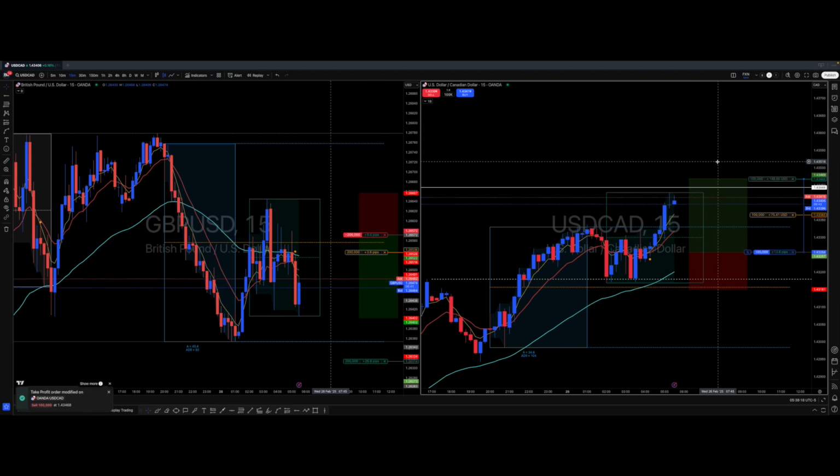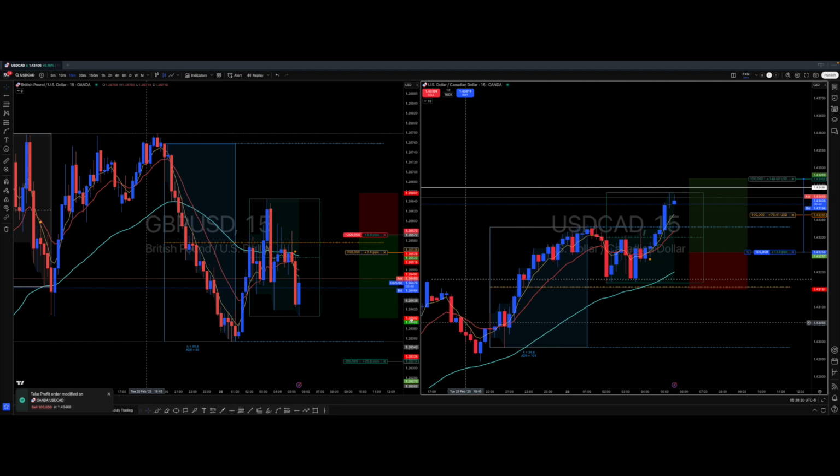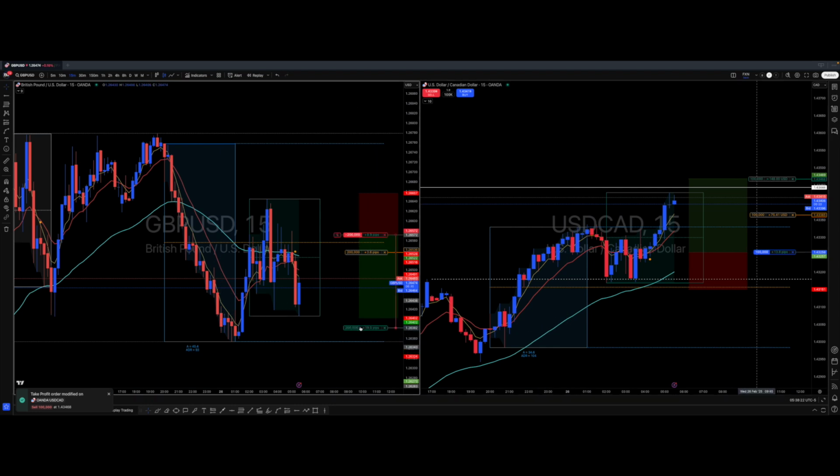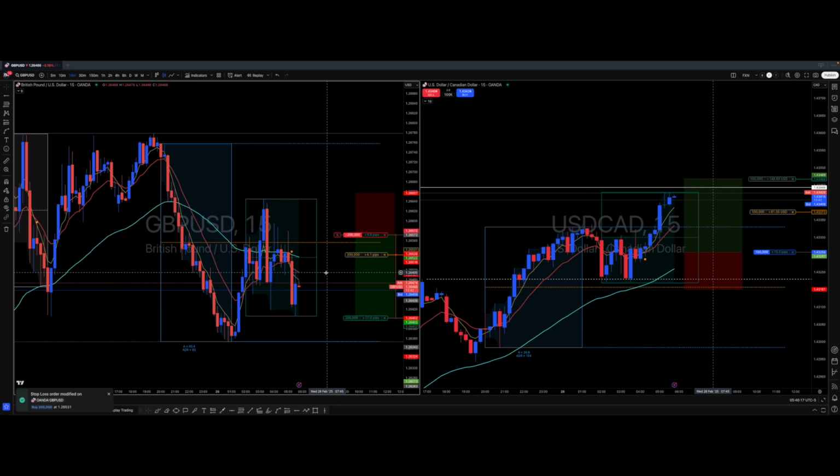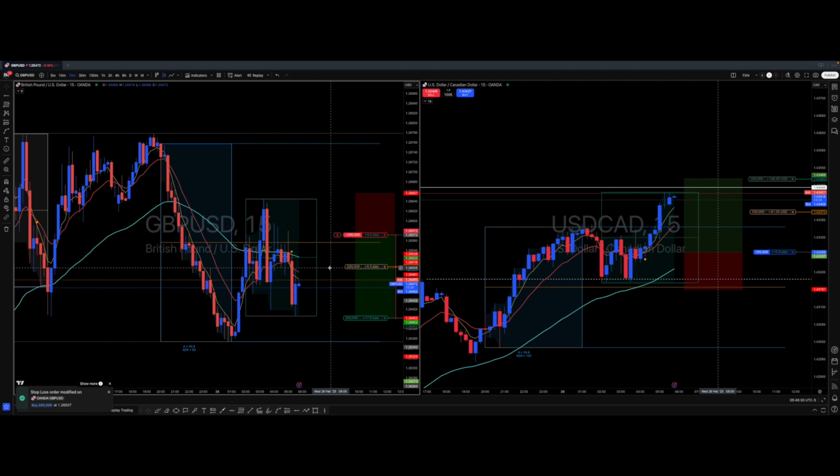And again, it's just trying to get as much out of it as possible at the moment here. And as this is playing out, I start to move my stop loss on pound USD a little bit lower, right above the last blue bar there.